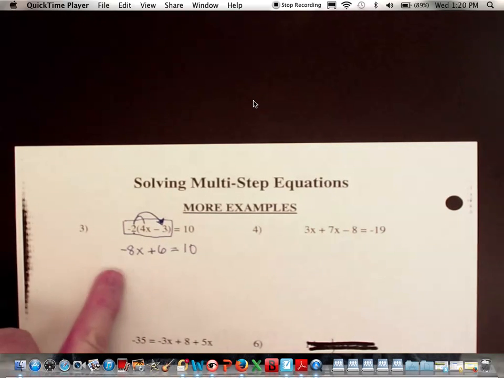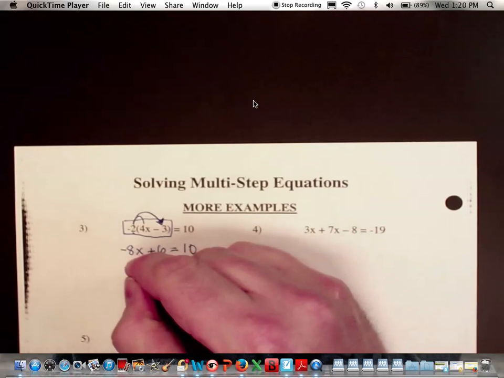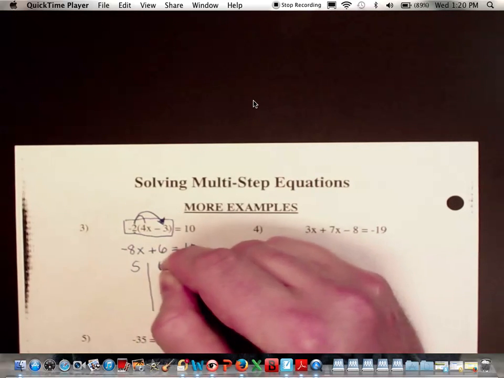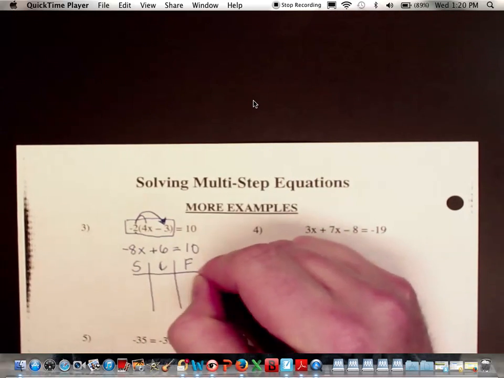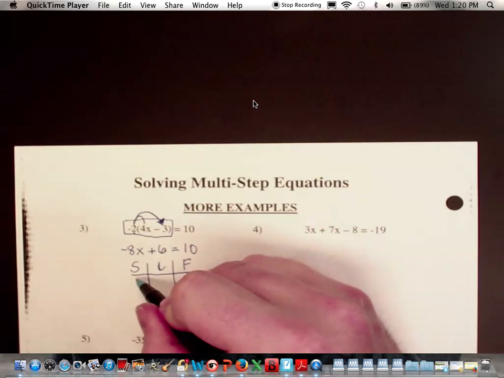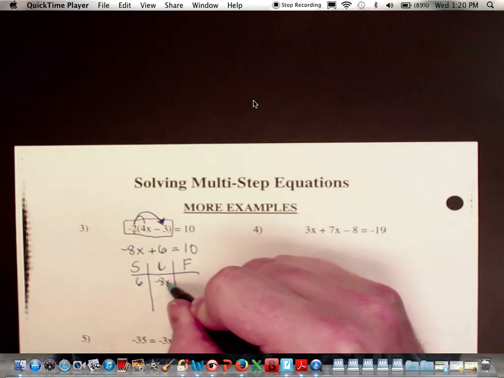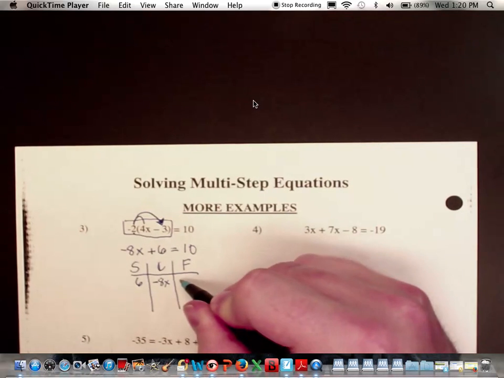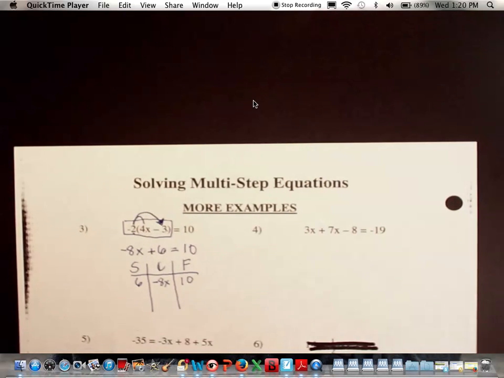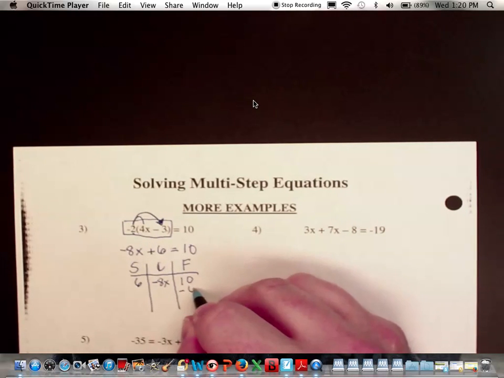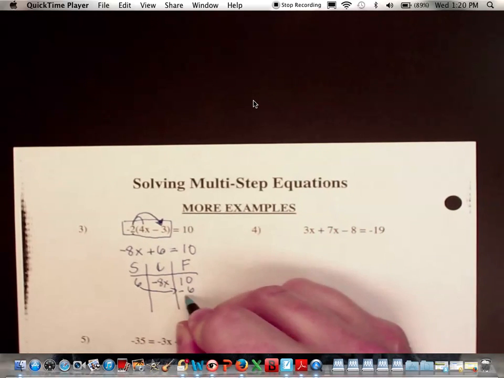Now that's a two-step problem that I can solve using my organizer. Start, change, finish. My start is 6. My change is negative 8 times x. My finish is 10. That's a plus, so I need to do the opposite. Bring it over. That gives me 4.